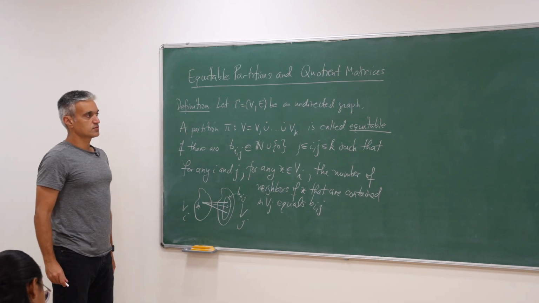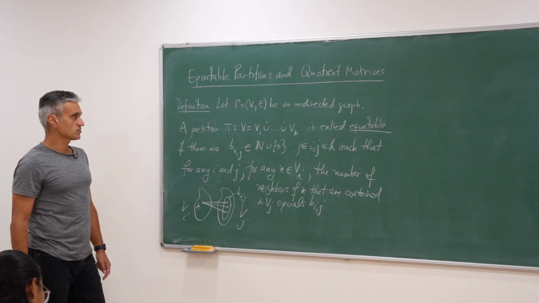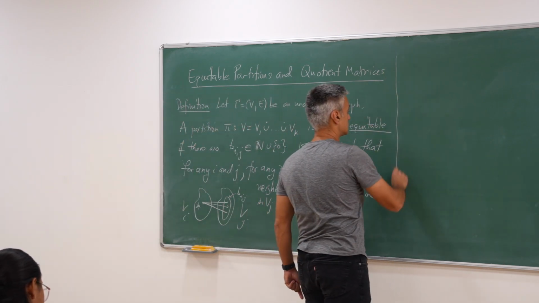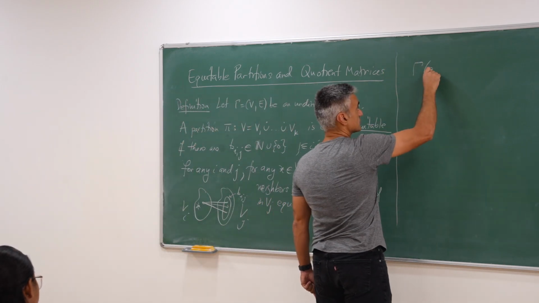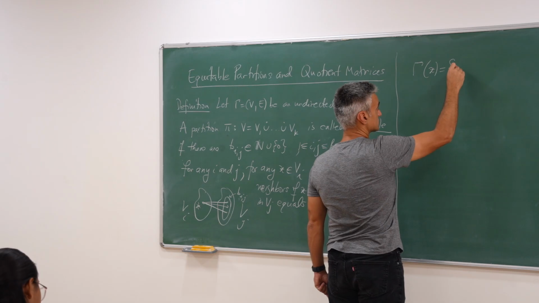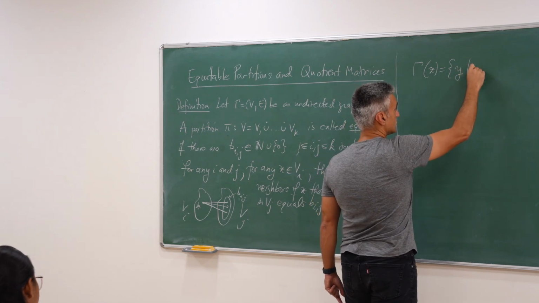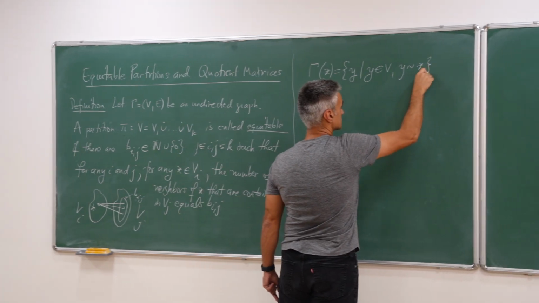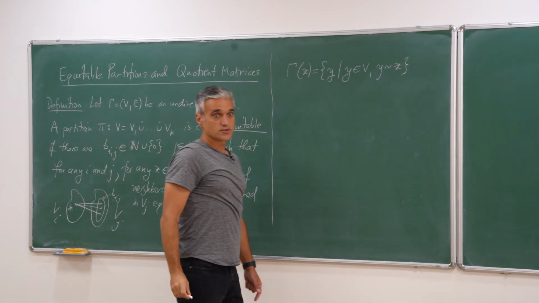Now, in general, I will denote the set of neighbors of x by gamma of x, the set of vertices y such that y is in V and y is adjacent to x. So this is the neighborhood of x.